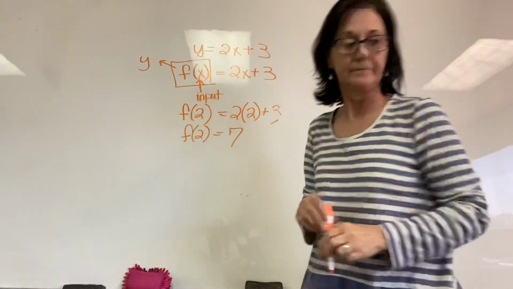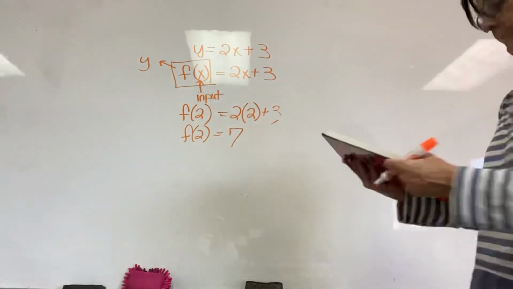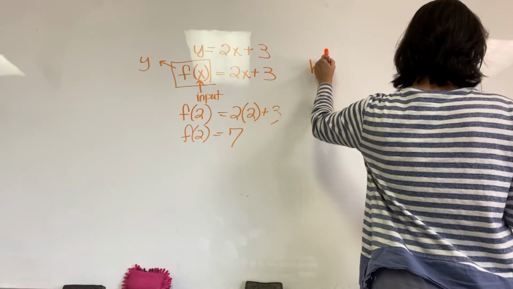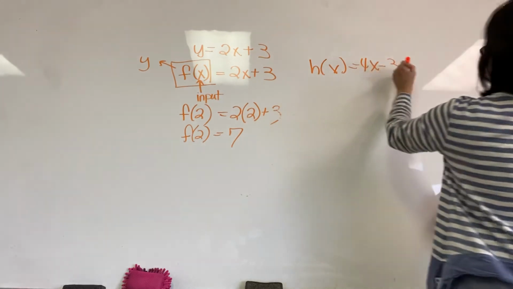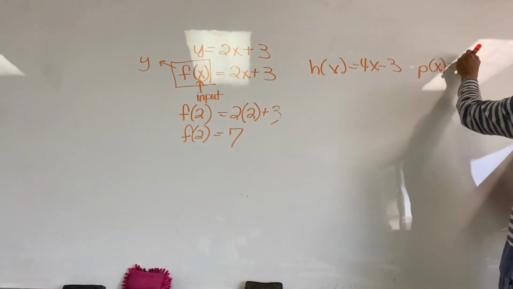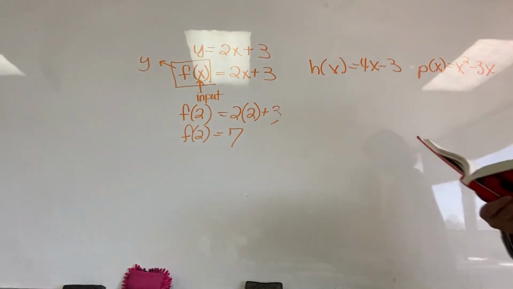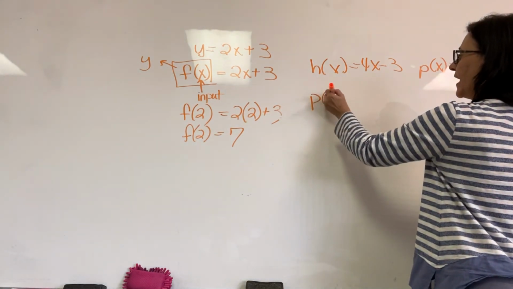All right. We have 2 equations. I don't know why they give you 2, but they give you 2 options. And then they want to know what's p of -3.